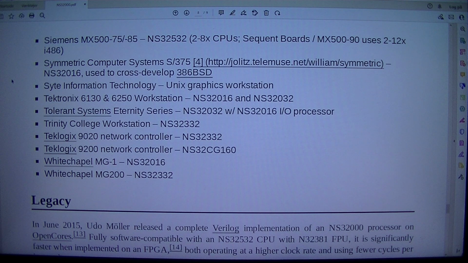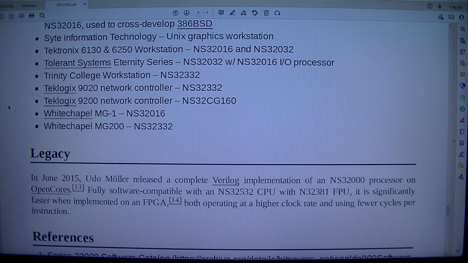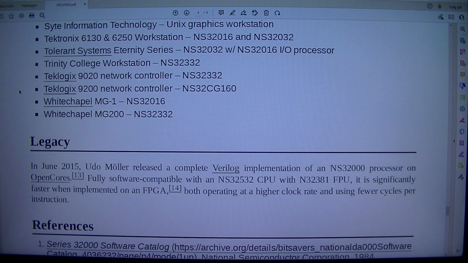Symmetric Computer Systems S/375 NS32016 used to cross-develop 386BSD. Site Information Technology Unix Graphics Workstation. Tektronix 6130 and 6250 Workstation NS32016 and NS32032.